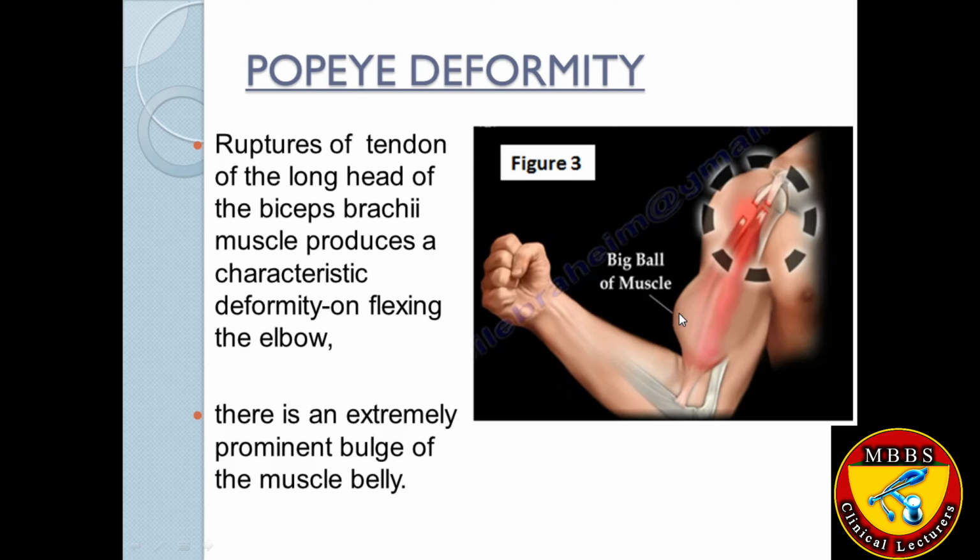When there is flexion of the elbow, there is production of a prominent bulge in the anterior aspect of the arm, and this is called Popeye deformity. Rupture of the tendon of the long head of biceps produces a characteristic bulge in the anterior aspect of the arm.